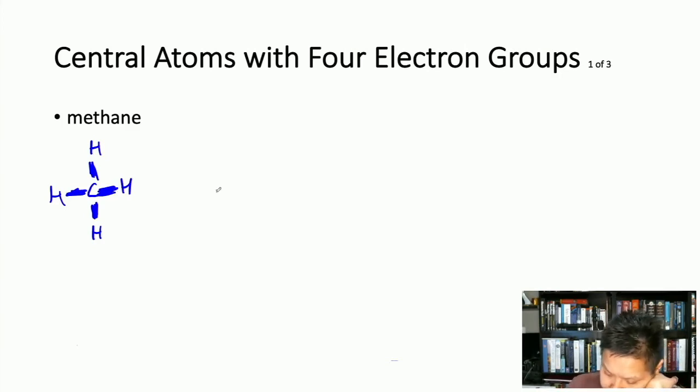Well, let's start out by drawing its ball and stick structure. There's my carbon in the center, right? I'll start out by drawing my hydrogen up here, okay? And I'll draw my other hydrogen there, my other hydrogen here, and this hydrogen is coming out of the paper, okay?